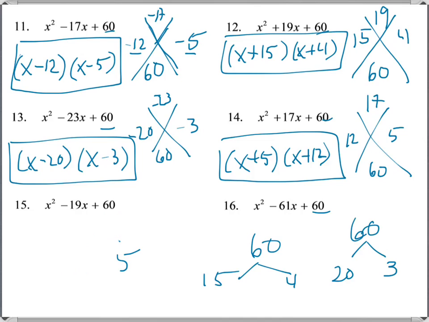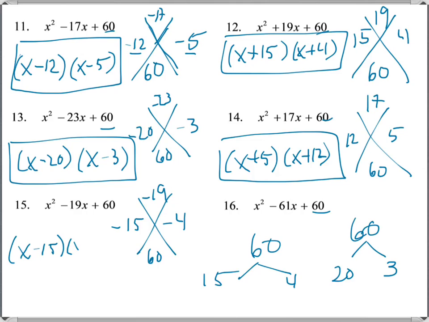Now here I have 60 and negative 19. So let's look back at 15 and 4. That's almost identical, except it was positive 19. Let's just make those factors negative and see where that gets us. Yep, the sum of negative 15 and negative 4 is negative 19. Their product is 60, so this is x minus 15 and x minus 4.